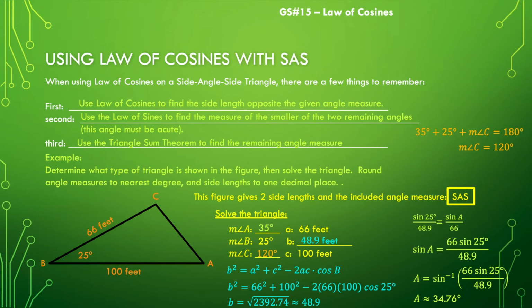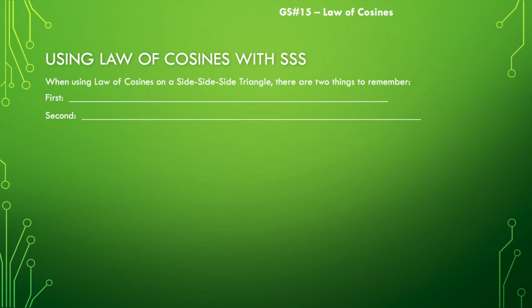All right, so the next type of triangle we're interested in is an SSS case, where we know all three side lengths but no angle measures. In this case, we are going to use the law of cosines to find the angle measure opposite the longest side length.